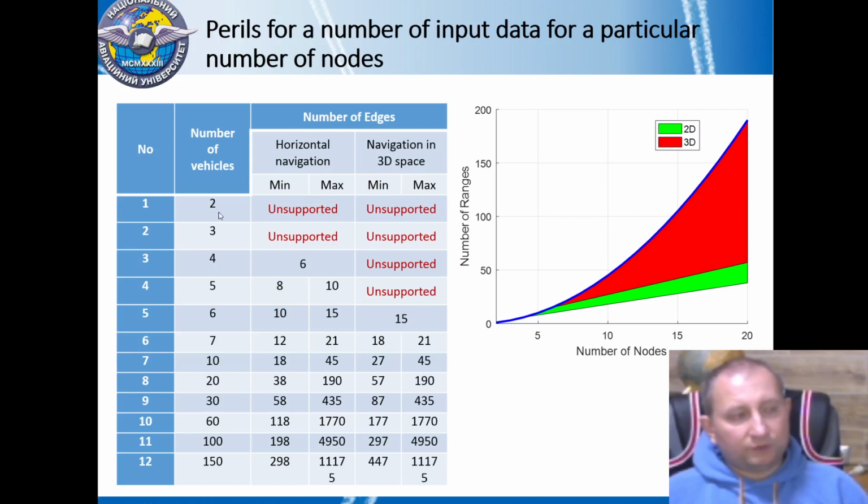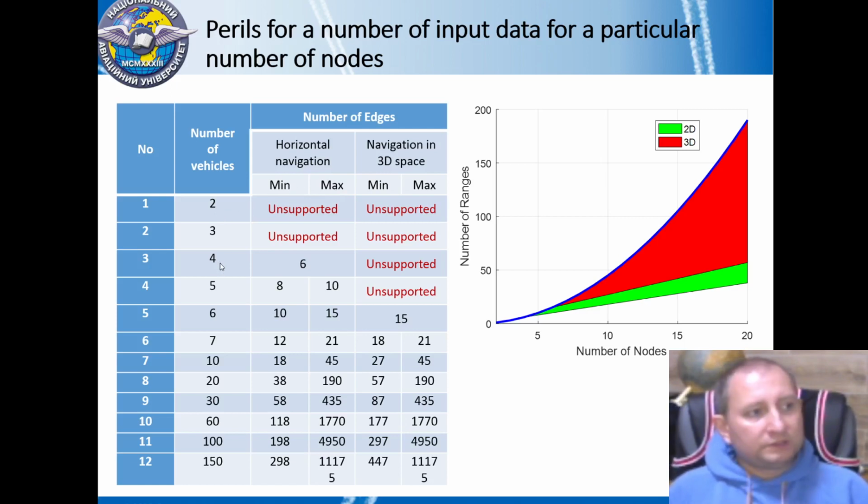For the case of 2 vehicles or 3 vehicles, two-dimensional navigation is not supported, as well as three-dimensional navigation. If we have 4 vehicles, we need to measure all edges or all ranges, which is 6.